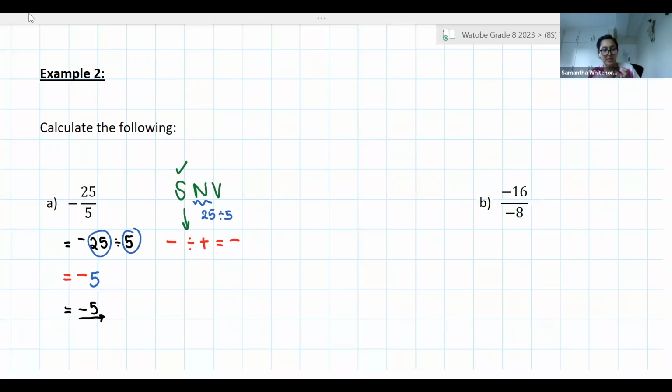Check your signs, like Yolanda says. Honestly, where most people go wrong, even in matric, is a sign. And so we don't want to be making silly sign mistakes. Because even if you get the number right, if the sign is wrong, everything is wrong. That's the problem. Exactly.